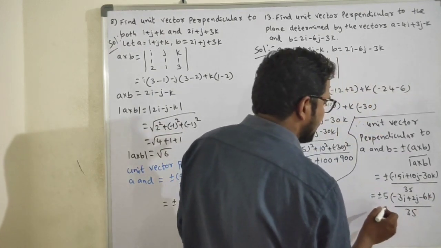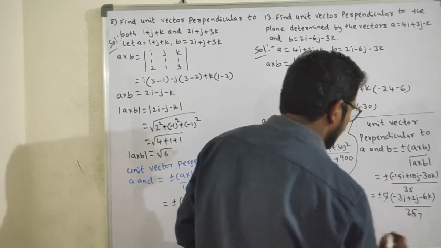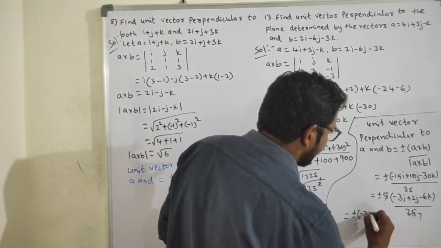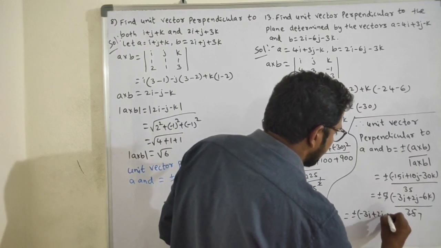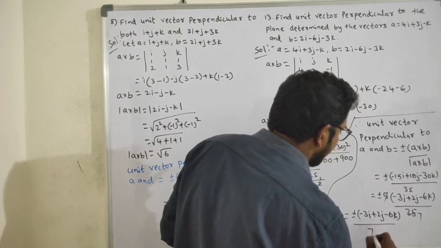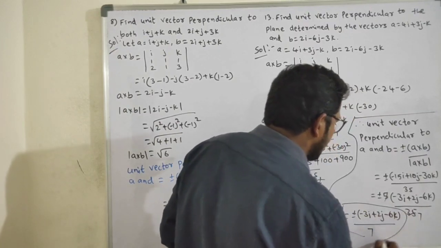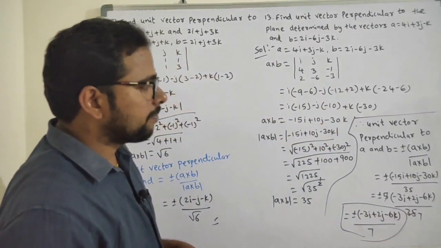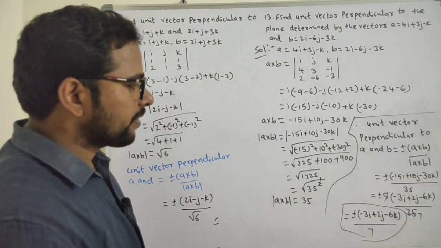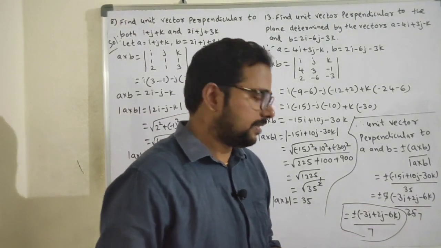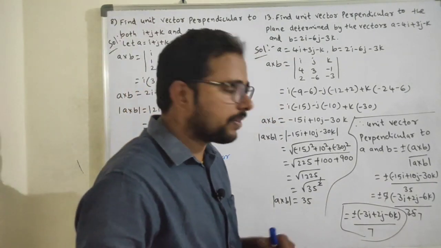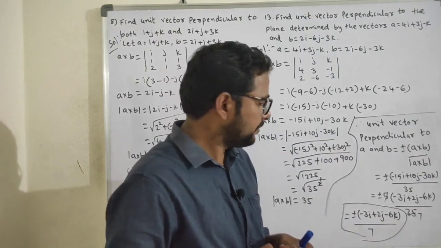Cancelling, 5 ones are 5, 5 sevens are 35, so it is plus or minus minus 3i plus 2j minus 6k by 7. This is the required unit vector which is perpendicular to both A and B.